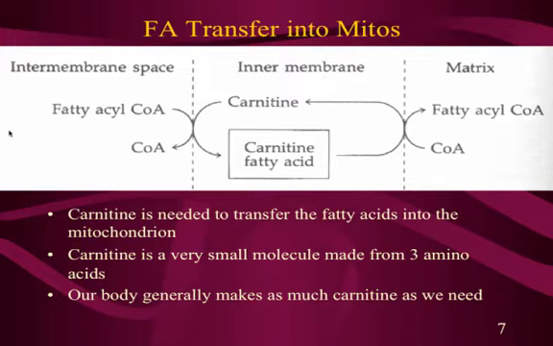That's basically why acetyl CoA doesn't leave, right? So coenzyme A comes off. There's an enzyme right here that takes CoA off, replaces it with carnitine. Carnitine is a very small molecule made from 3 amino acids. Like I said, our body generally makes as much carnitine as we need, so in general, save your money.